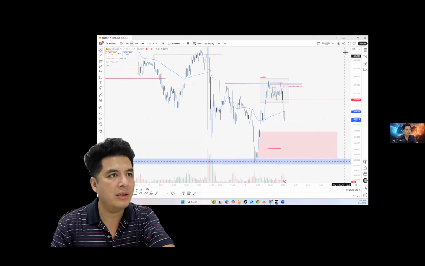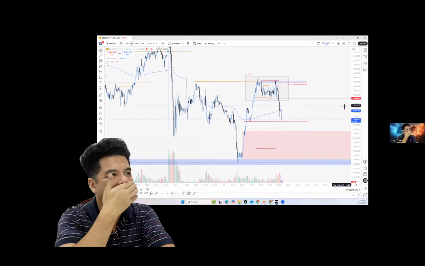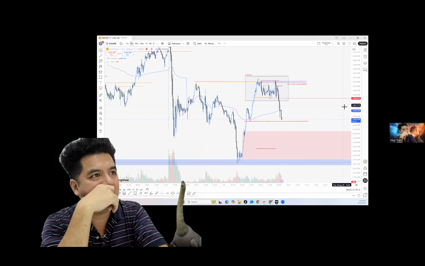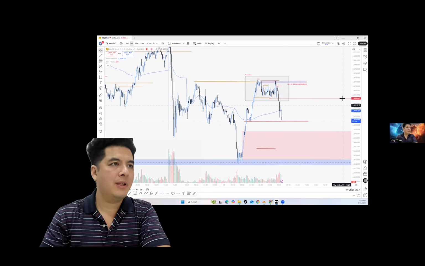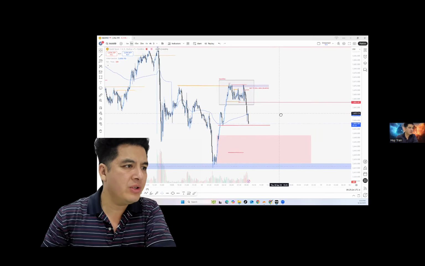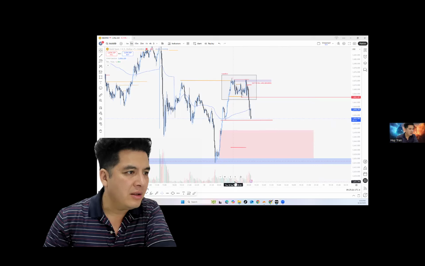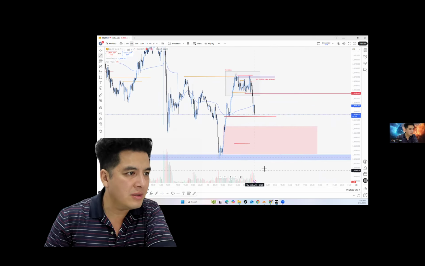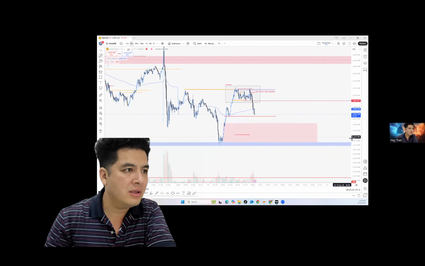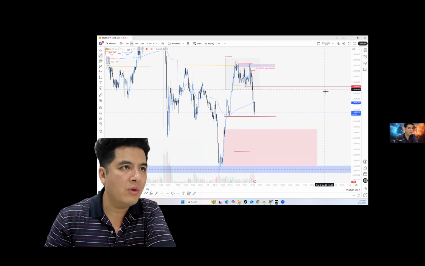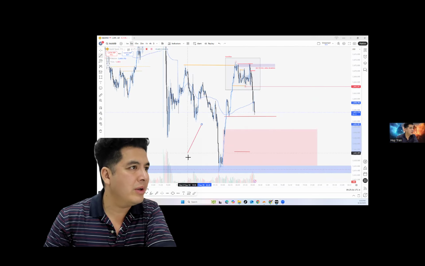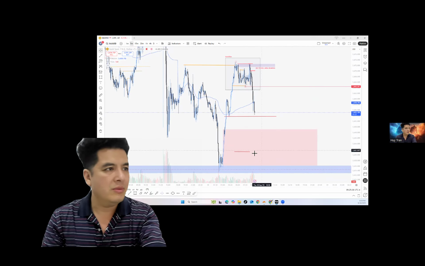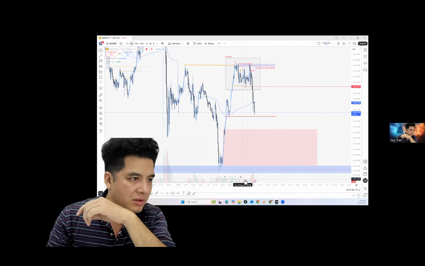I'm so glad that I was able to look into it and study that move. I just wish that I could incorporate volume into this because volume plays a very important role. It shows where we are. Sorry for my charting, it's just so bad.